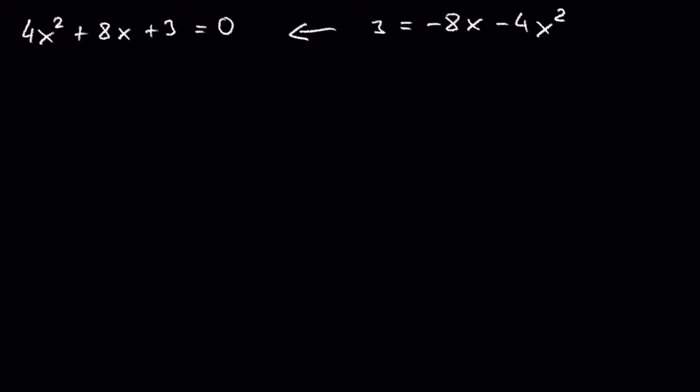We call the coefficient of x squared, which is 4, a, the coefficient of the x, b, and the constant term, c.